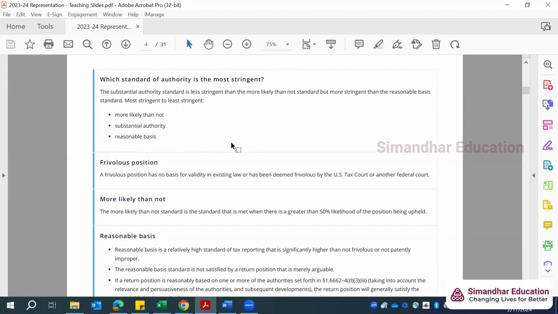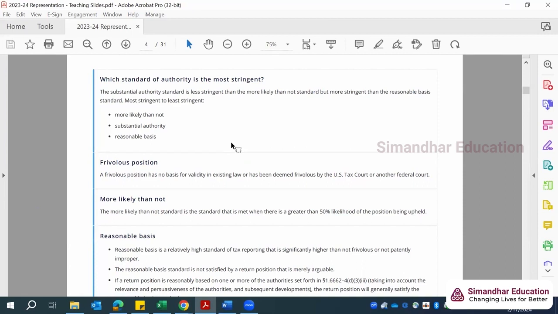So reasonable basis, which is the most lenient standard, says that whenever you are preparing a tax return, you should at least reasonably believe that whatever you are doing is correct.